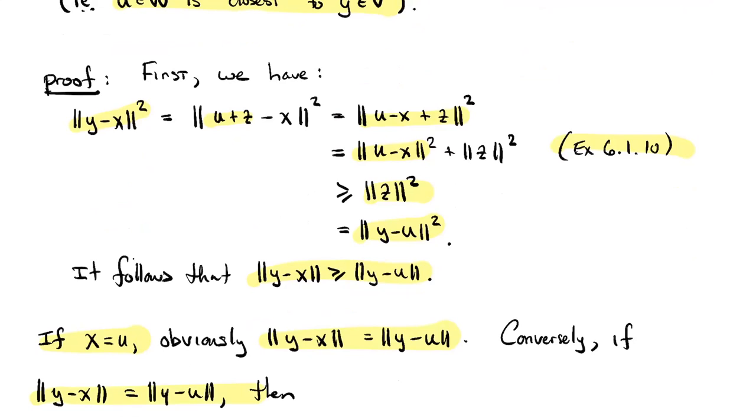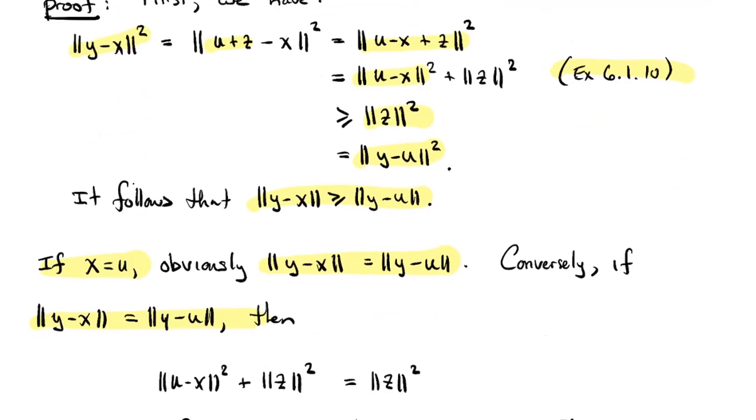Conversely, if the length of y minus x is equal to the length of y minus u, then looking at this chain up here, if those two numbers are equal, then this inequality must have been an equality because the numbers on the extremes are equal.